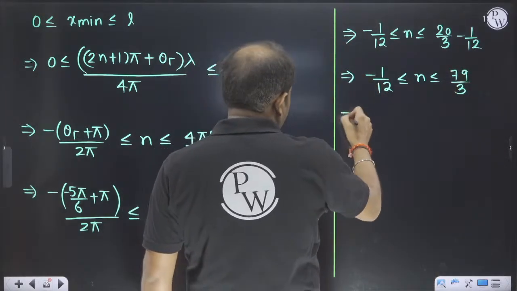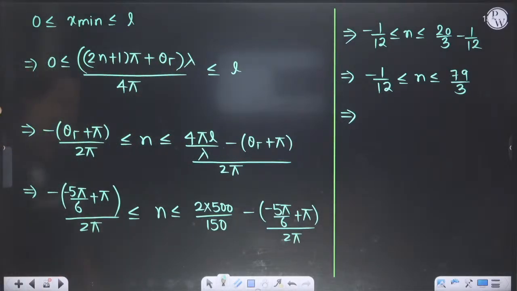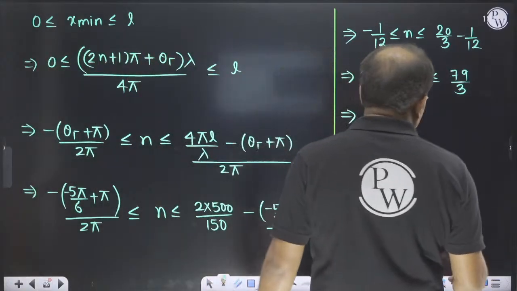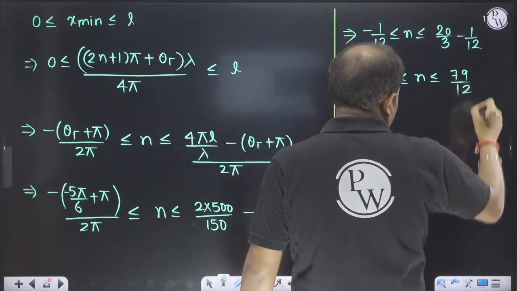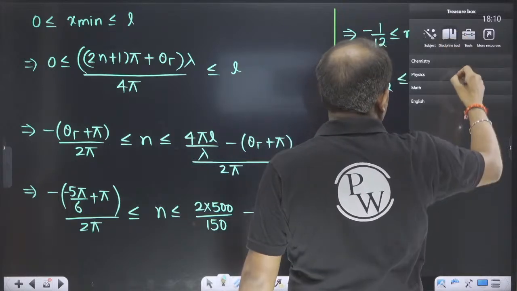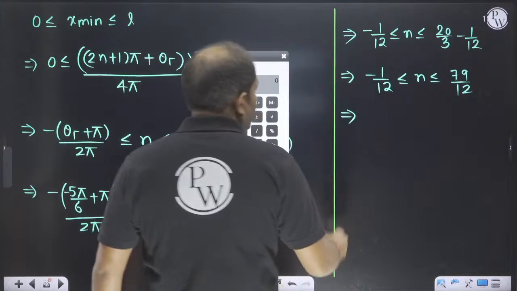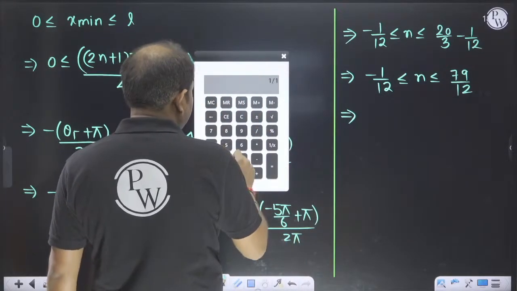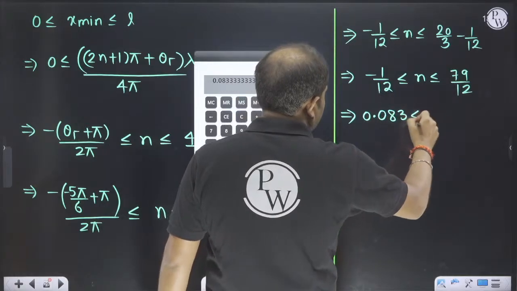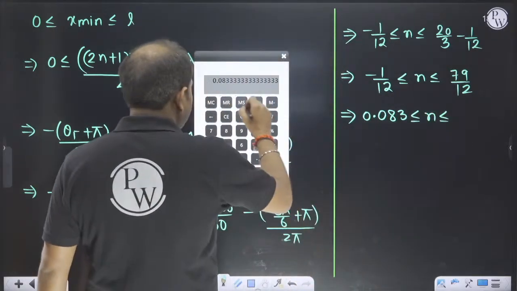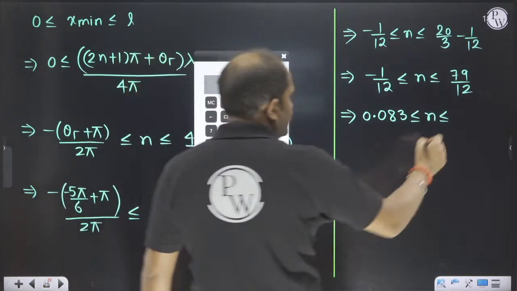79 by 12, how much will it be? So 1 by 12 and 79 by 12, we can calculate n. So 1 divided by 12 will be 0.083 and 79 divided by 12 will be 6.583.